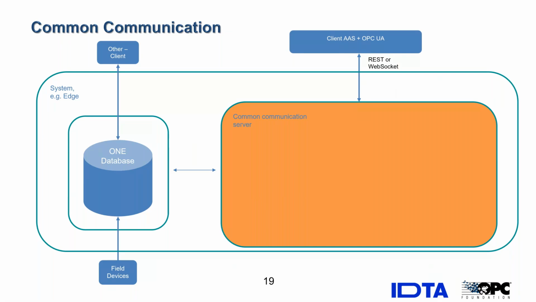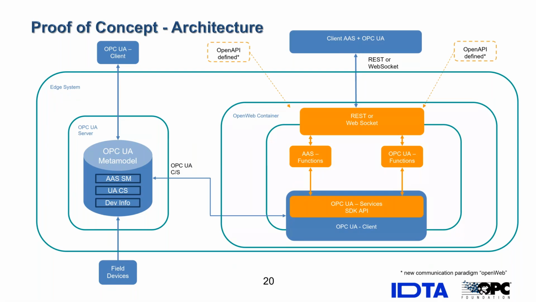Now let's start to dive a little bit deeper inside our common communication server. And let me give you a more detailed view on this big orange block. So in our proof of concept, like Frank already mentioned, we have one web application which is used as an AAS and OPC UA client to access our information.